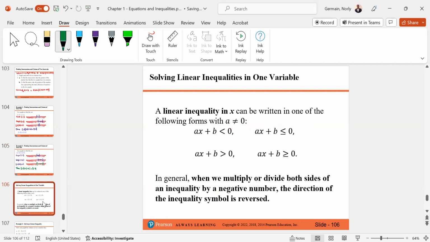Next, after you understand intersection and union of sets and use them in inequalities, we can solve linear inequalities in one variable.